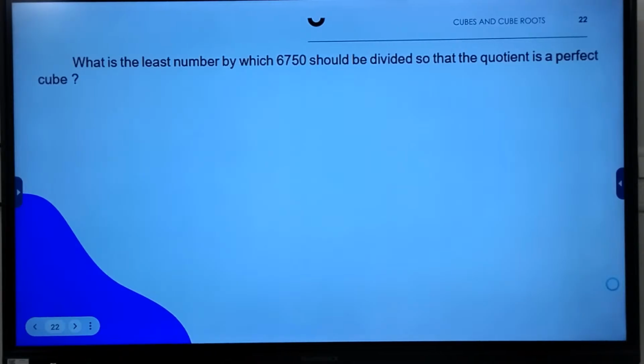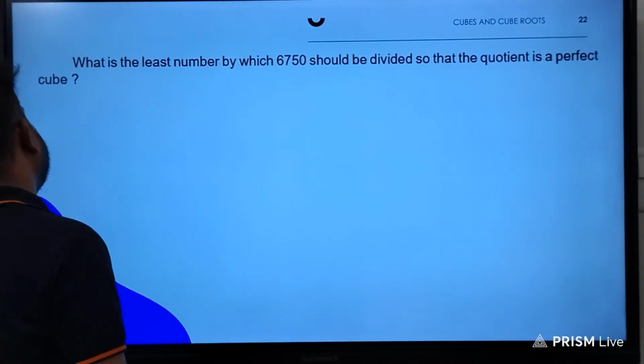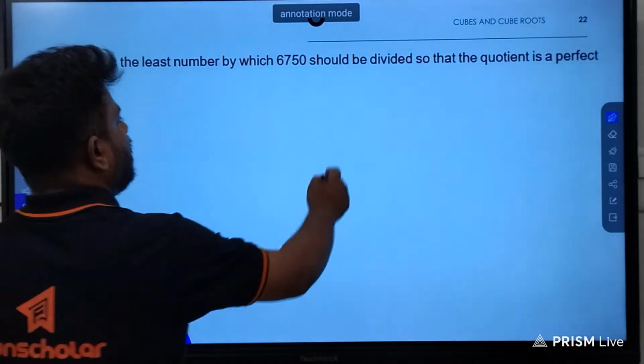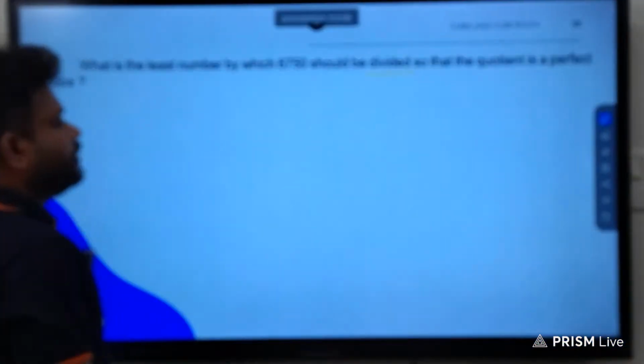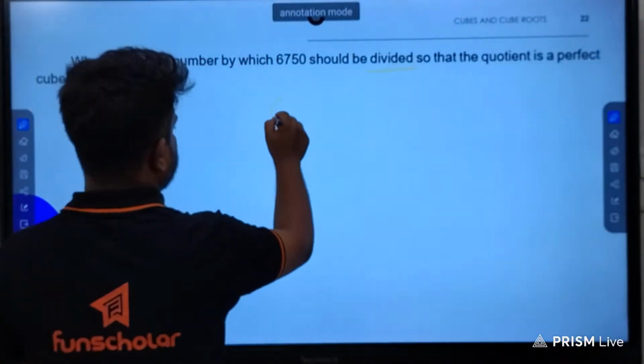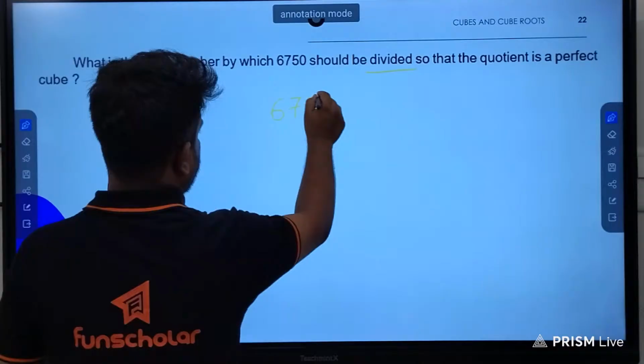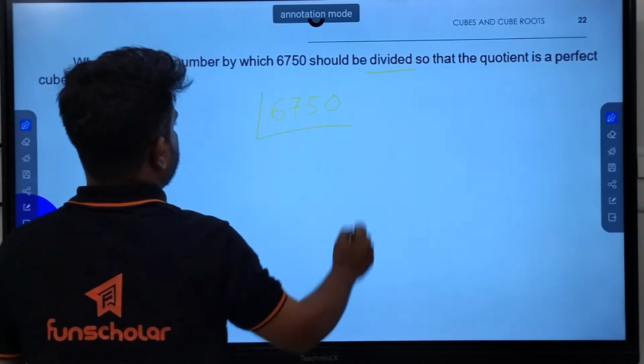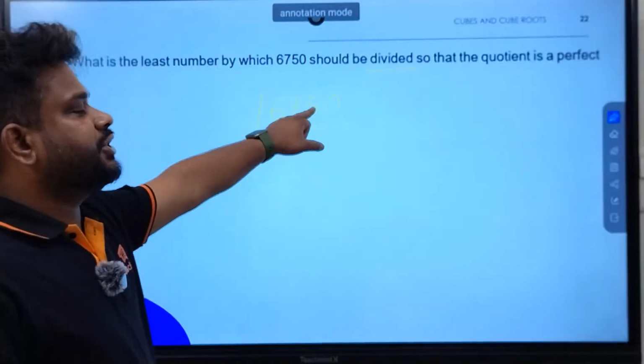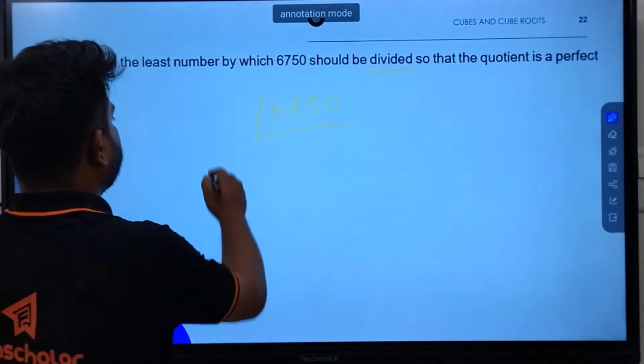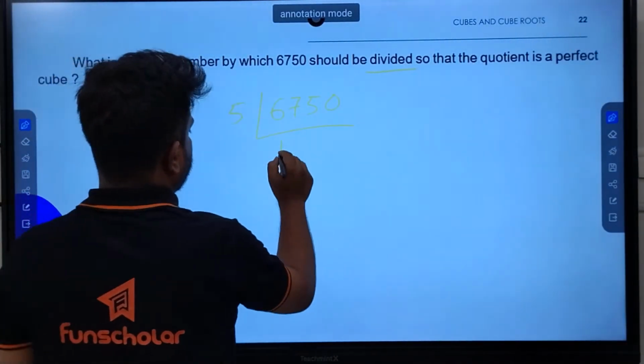Again a similar kind of sum: what is the least number by which 6750 should be divided so that the quotient is a perfect cube. So this is a similar kind of sum, but they have just told us to divide it. Okay, so let's start this. In the last position we have a 0, so it will be divided by 5.